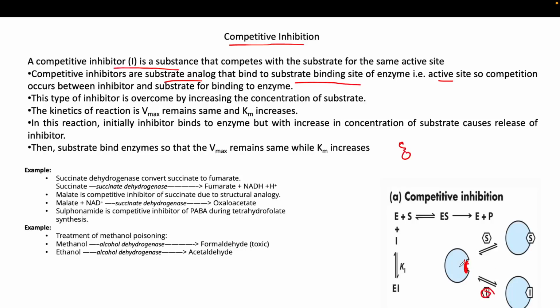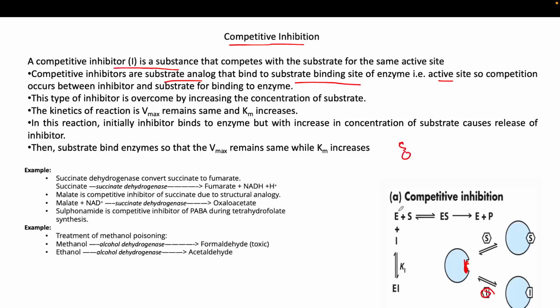So that's why the enzyme's affinity for binding to the substrate is getting lower, because now its affinity is divided. It can 50% bind with the inhibitor and 50% bind with the substrate. So its affinity is decreased. Affinity decreased means Km is increased, right? So that's why in this case the Km increases.